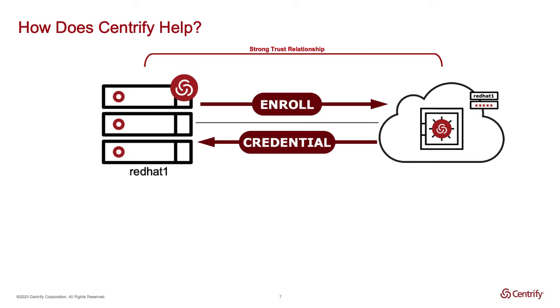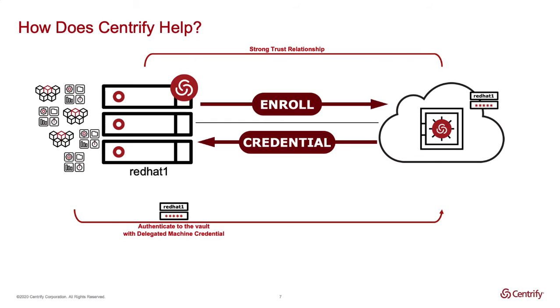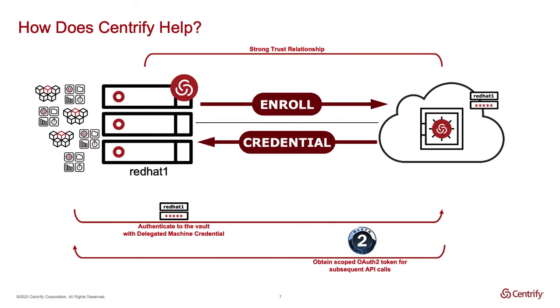We now have a strong trust relationship, allowing the machine to authenticate itself to the vault to obtain services. A workload running on that machine can now request use of the machine credential to authenticate to the vault without requiring its own dedicated service account. It can then obtain a bearer OAuth 2 token and use that for subsequent calls to the vault, such as for checking out a secret.